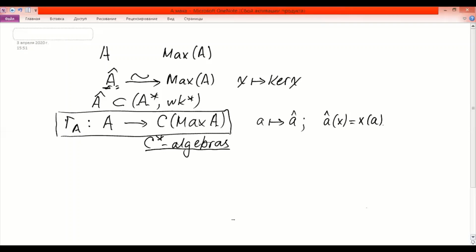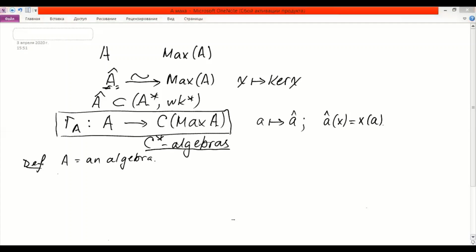Okay, now let's give some definitions. Suppose that A is an algebra. So at this point, it is just an algebra. It is not equipped with a norm. This is a pure algebraic object.